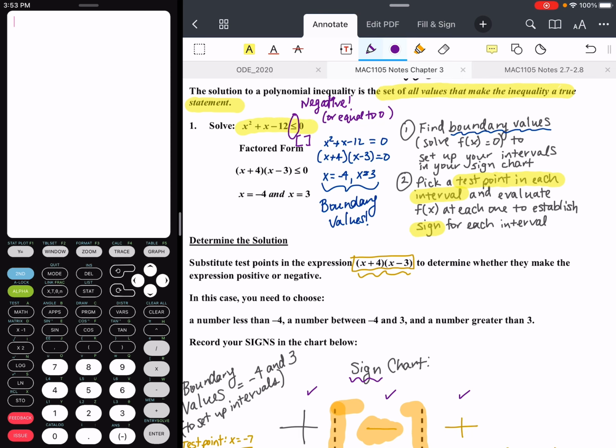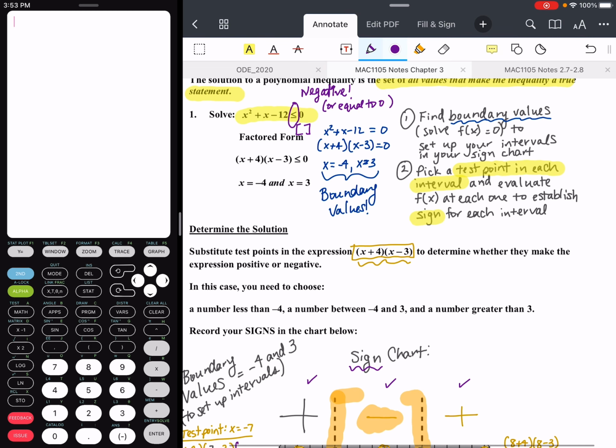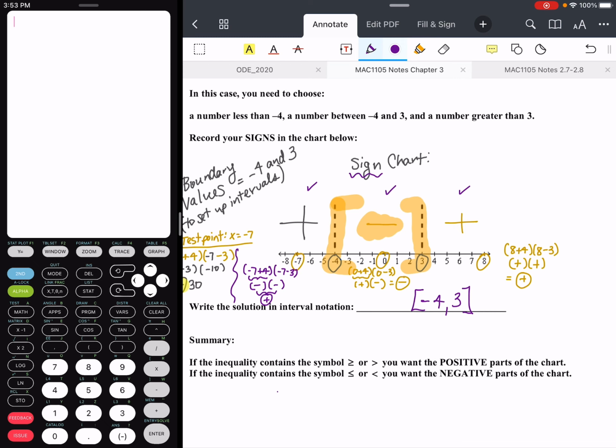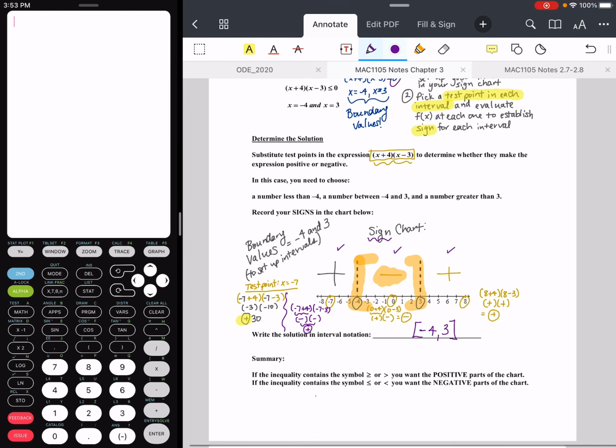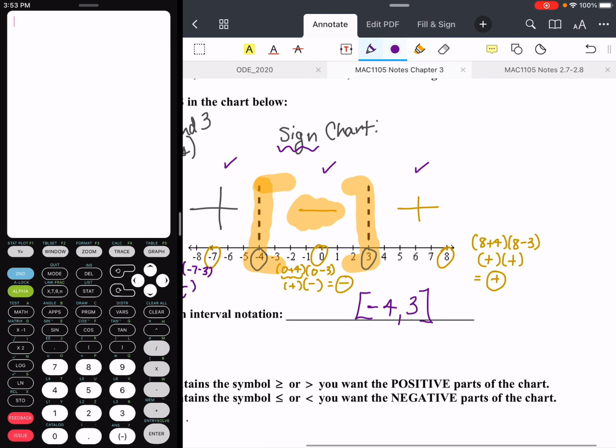If it had been strictly less than, then I wouldn't want to include these boundary values. But because it's okay that my function equals 0, I can include -4 and +3. Okay, remember that we found -4 and +3 because they make our function equal to 0. So we can include -4 and we can include +3 in our solution set. So the solution in interval notation is any value from -4 up to +3, including those endpoints.